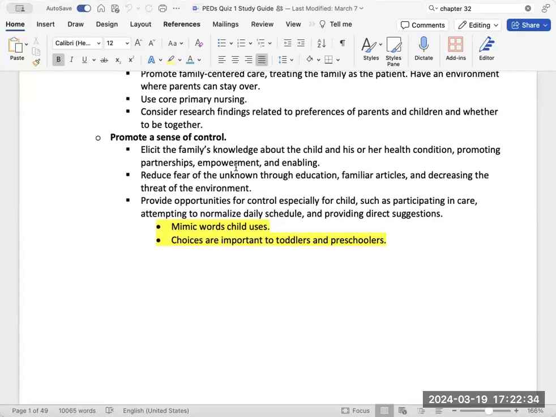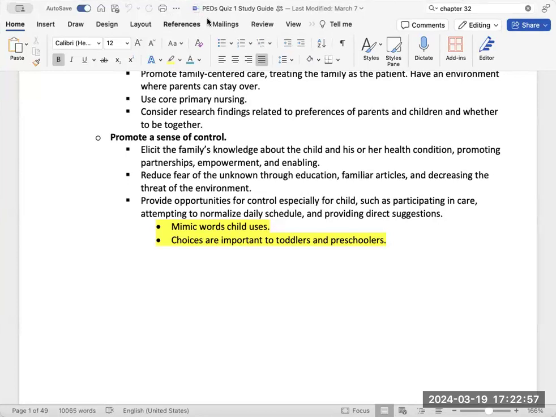Make sure that we get them to understand everything that's going on with the child and also explain it to the child. You might not be able to explain everything to a 3-year-old, but tell them, okay, I'm going to give you a little pinch right now, okay? We want to check to see if everything's okay. We still want to tell a child, because they still are the patient.